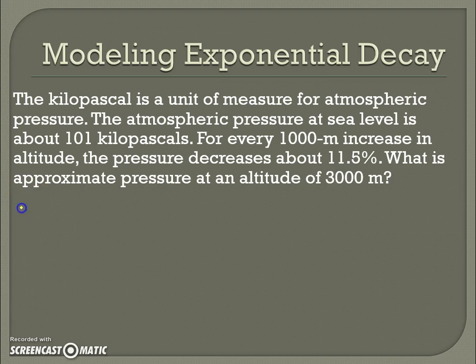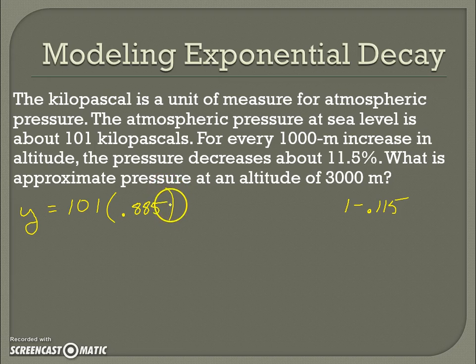So I'm going to go ahead and plug this information in. My initial amount at sea level is 101. And then to find this next value, it's going to be 1 minus 11.5%. So that's going to be 1 minus 0.115, which is equal to 0.885.